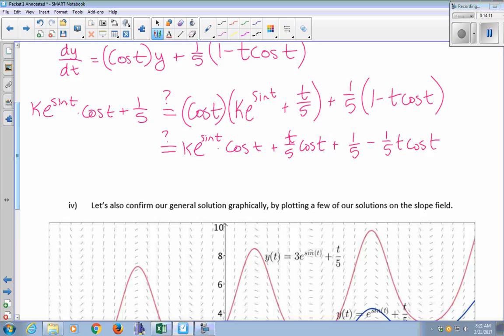So t over 5 cosine t minus 1/5 t cosine t, those cancel. And does the left side equal the right side? Yeah. Both sides are k e to the sine t cosine t plus 1/5. Yeah, so it worked. We found the general solution.